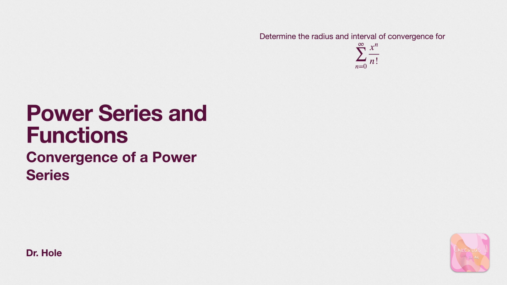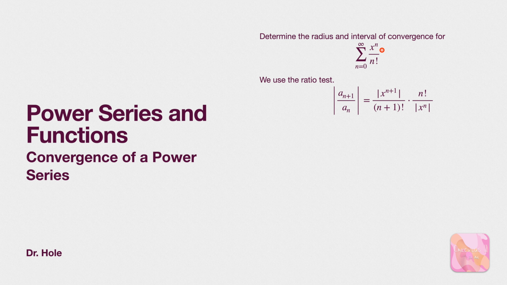Here we have a power series where we have x to the n placed over n factorial. That would be an exponential versus a factorial, the exponential in the numerator and the factorial in the denominator. We're setting up an arms race between exponentials and factorials, and let's see which one wins.